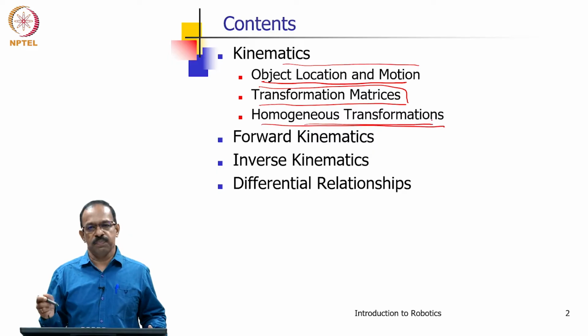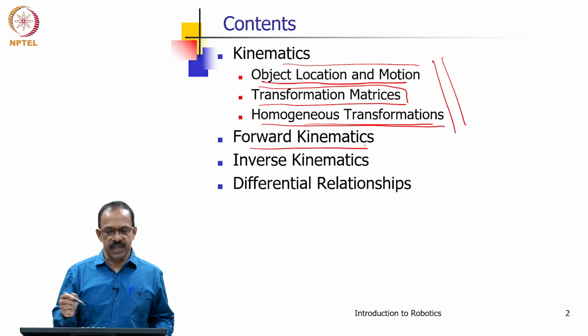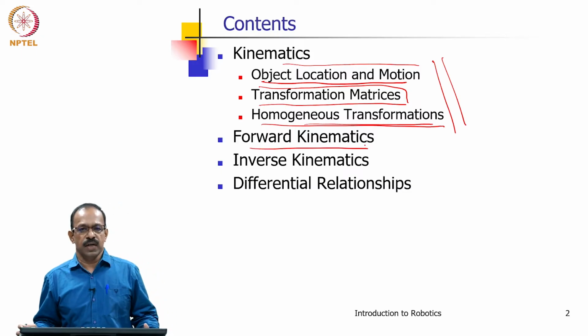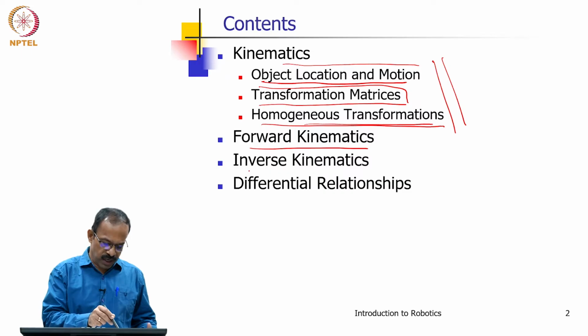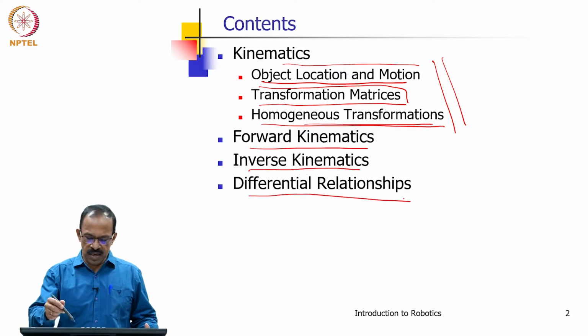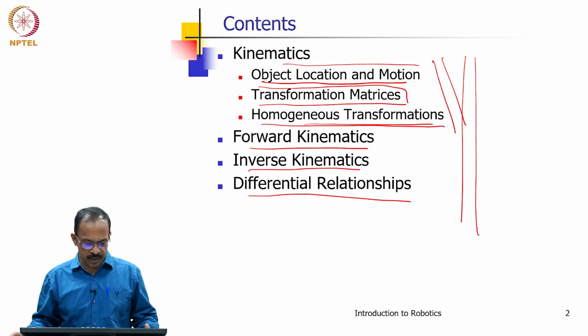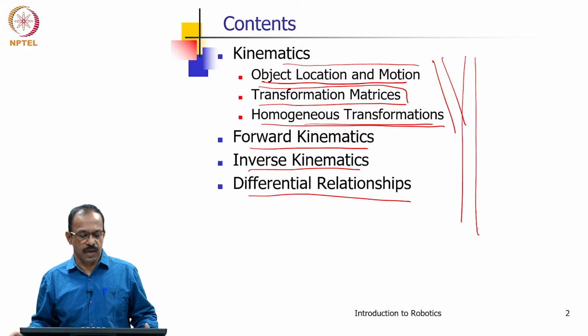Once we learn this, we will talk about the forward kinematics of industrial manipulators, and then go to inverse kinematics and differential relationships. These are the topics that will be covered in this part of kinematics.